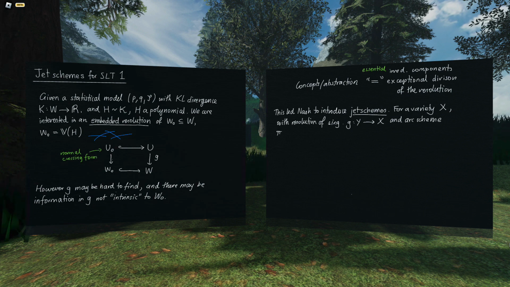there's some other construction you can make called the arc scheme. And an injective map from the essential exceptional divisors of the resolution to the irreducible components of the preimage under pi of the singular locus of X. And the Nash problem is, when is this a bijection?